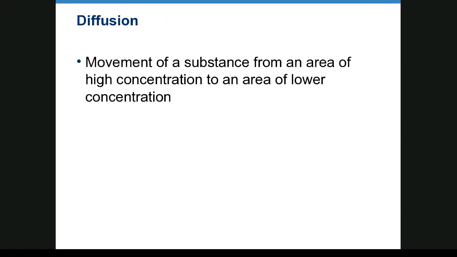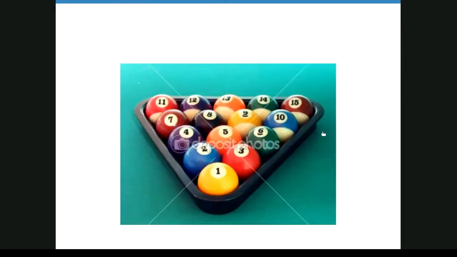Okay, passive processes again. Diffusion is a movement of a substance from an area of high concentration to an area of low concentration. Now, as you look at these billiard balls here, they're held up by this rack. They are in perpetual motion. And as you take this rack off, they start moving and they hit each other.